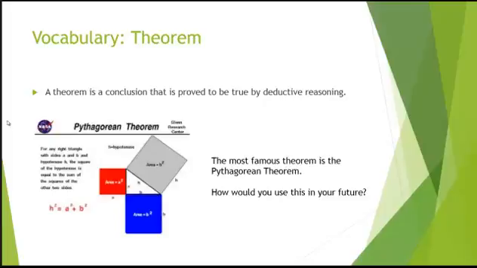And how do you use this in your future? Well, there's lots of different ways. If we're trying to find out the height of something that's too tall for us to measure on our own, we can use the Pythagorean theorem. If we're trying to find how far something has traveled up in the air, we're able to use the Pythagorean theorem. And I actually heard about it being used once for that exact purpose of having kids measure how high their rockets are launching.